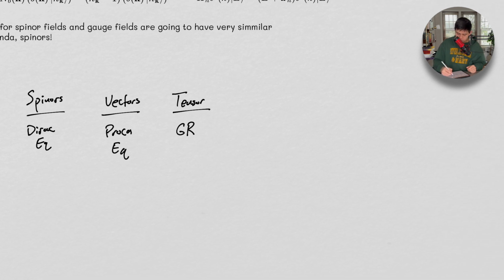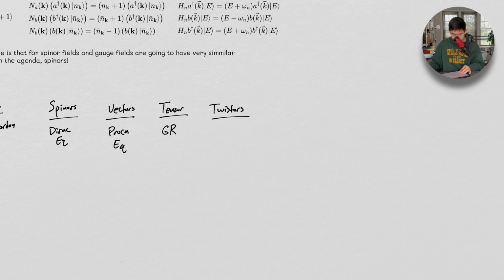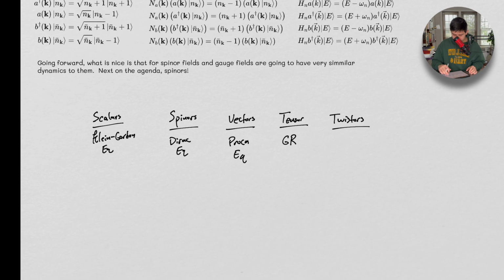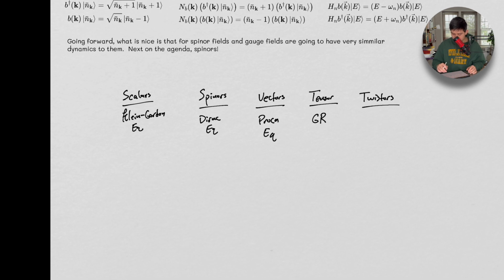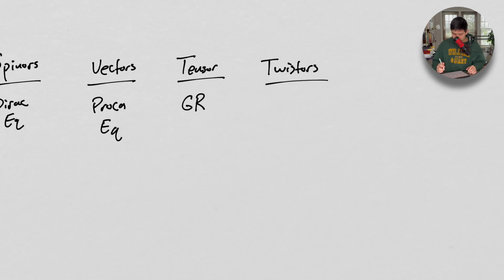There are these weird things called twistors. This is probably going to be a whole new playlist, but I want to talk about these things because I've read up on them quite a bit. They're quite interesting objects. They require us to understand something about complex projective spaces, though, which we haven't talked about.